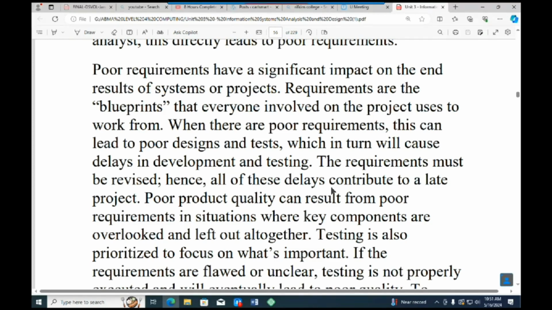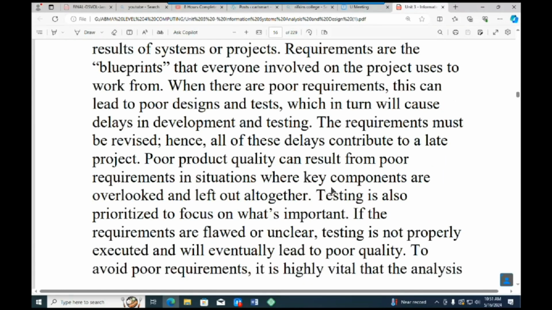So when you have poor requirements, you might end up having poor designs and poor tests, and this is going to bring delays in the development and even in the testing phases of the system. Once you have identified the requirements, it is very important that you revisit or revise them. If they are poor, you need to revise them.